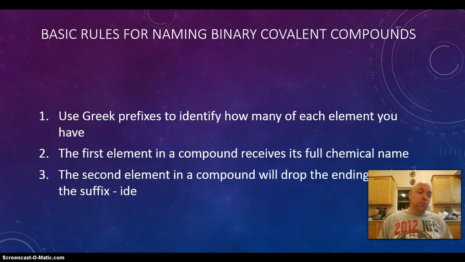And some of these will be real easy, like fluorine and chlorine and bromine and iodine, all of those that end in ine. Then it's real easy because all you drop is the ine and you add ide. On some of the other ones, like oxygen and sulfur that don't end in ine, it's a little different, but again, you're going to end in ide, so you kind of cut it off where it would make sense.